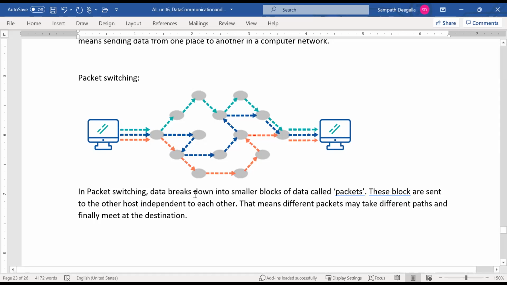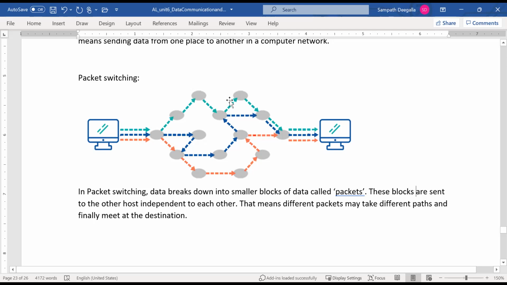So packet switching, data breaks down into smaller blocks called packets. So data will be broken into packets, small pieces. And these blocks are sent to the other host, the destination, independent of each other. Independent means it can take different paths.